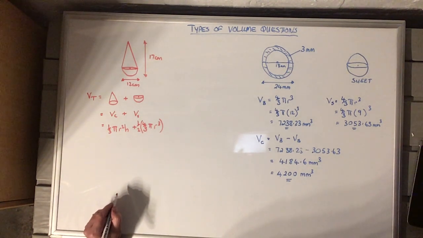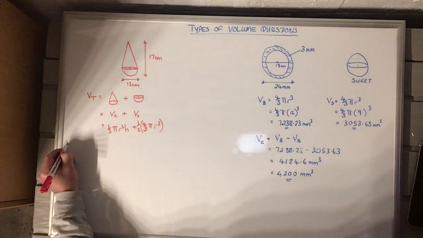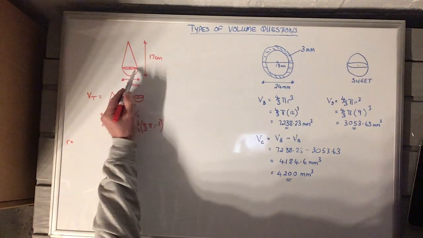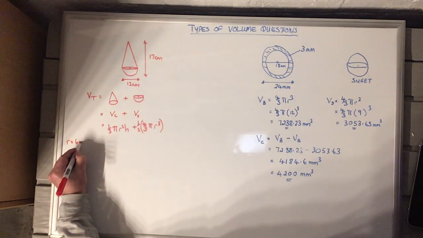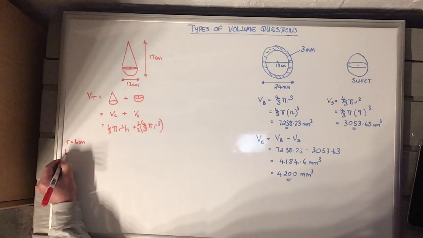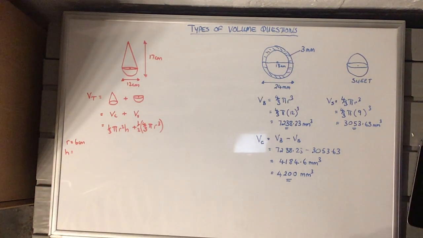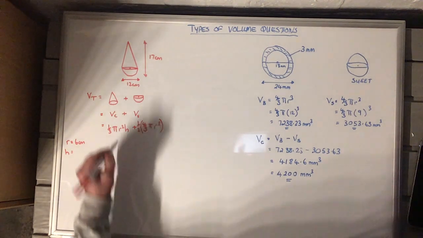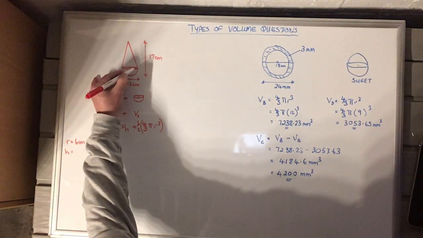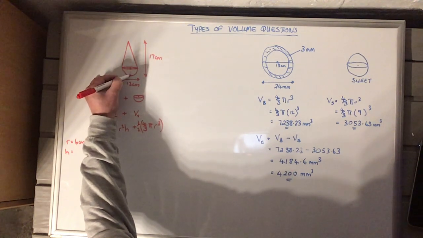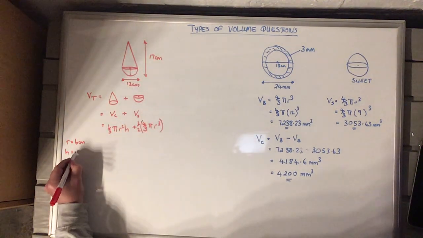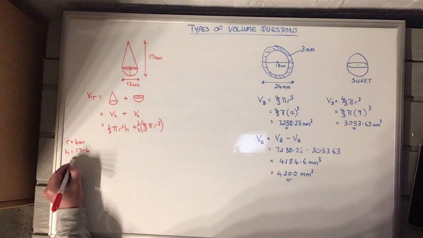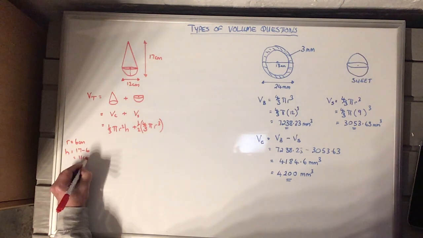So let's work out what we've got. Well, the radius all the way across is 12, so the radius must be 6 centimetres. The height, well, the overall height is 17, and we know the radius of the hemisphere is 6, so this bit down here, the wee dotted line that I put in here, must be 6, so the height of the cone must be 17 take away 6, which turns out to be 11 centimetres.